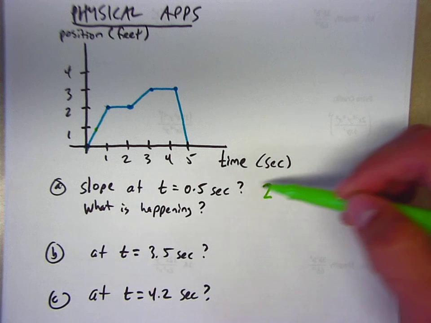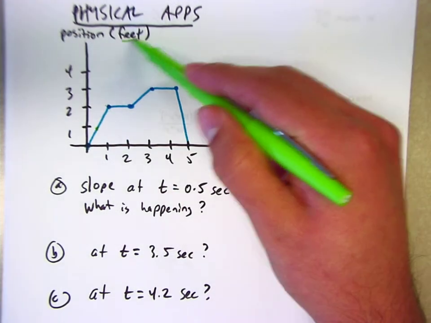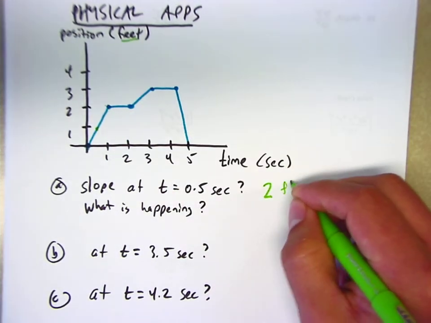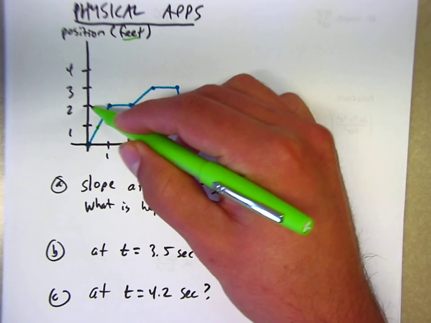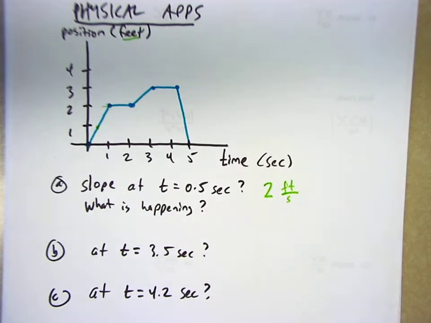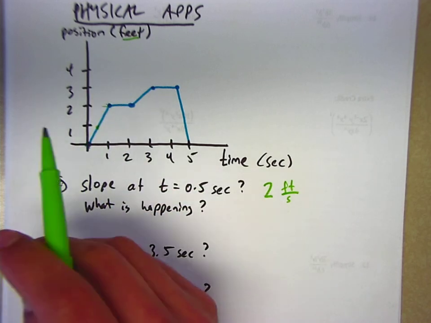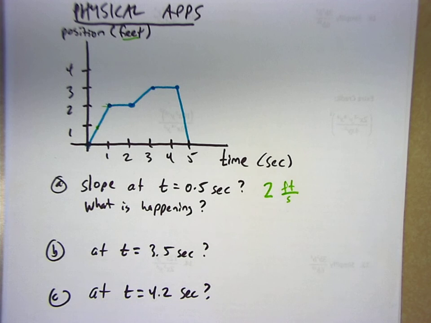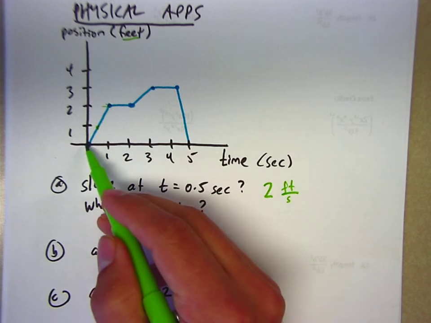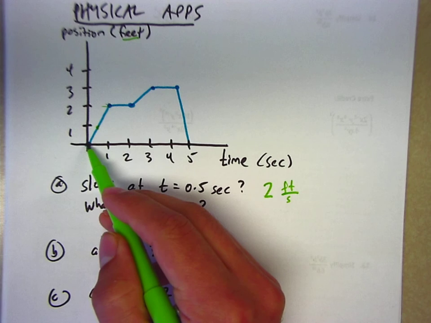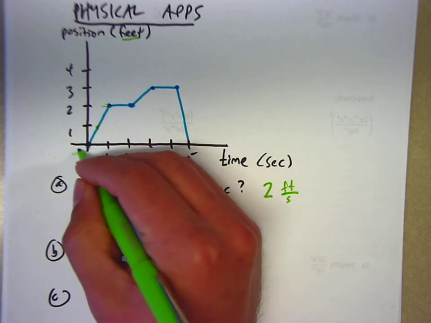So we're increasing 2 feet per 1 second. And so if this is a position graph, whether it's an object, a particle, a person, doesn't matter, whatever is moving, here's where it starts. So this is the starting position.